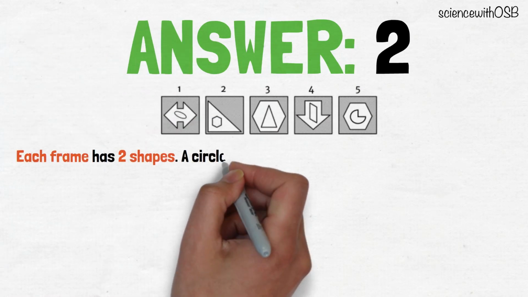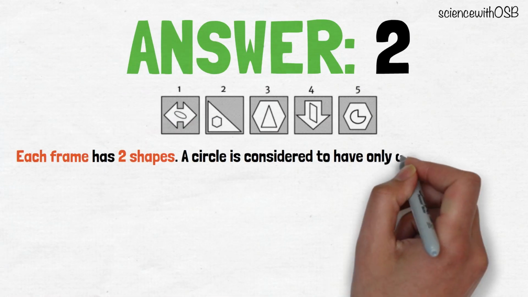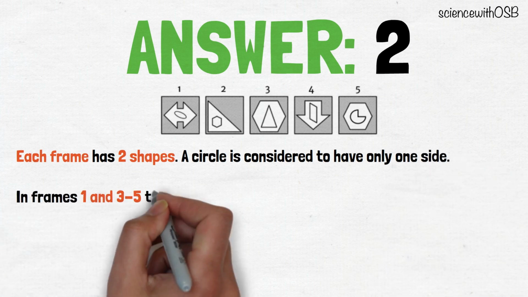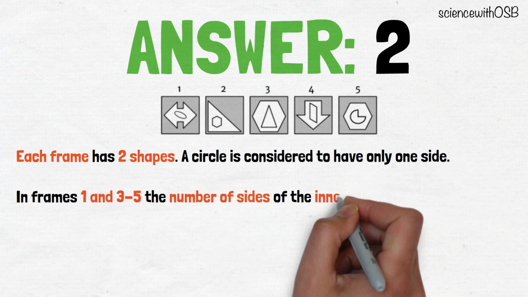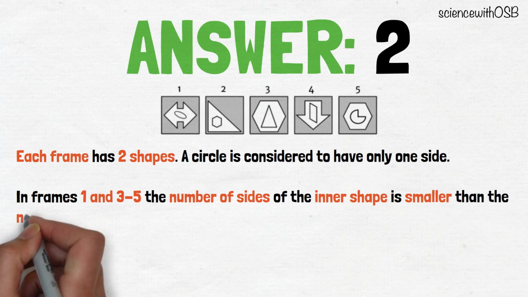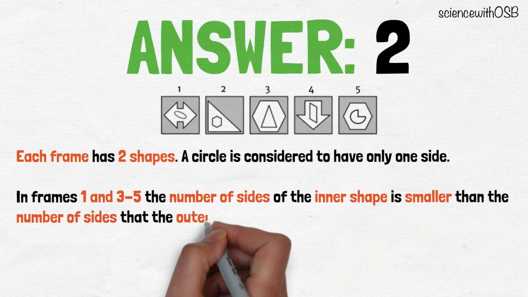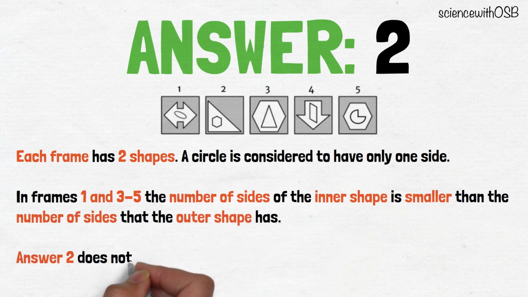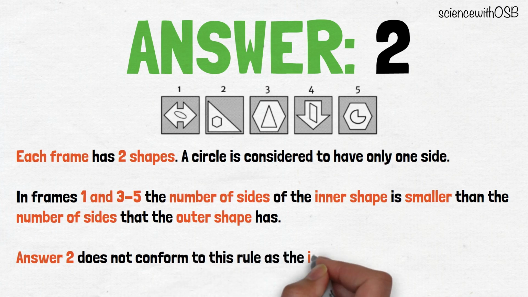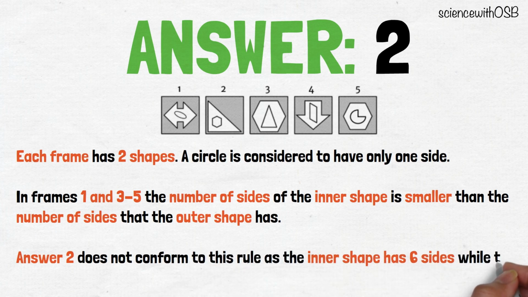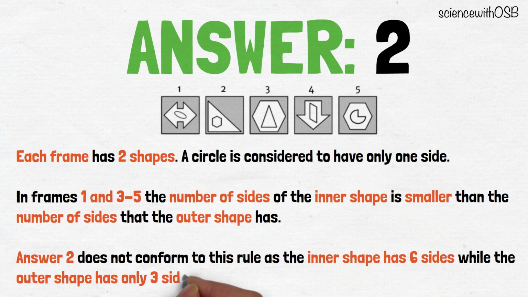A circle is considered to have only one side. In frames 1, 3 and 5, the number of sides of the inner shape is smaller than the number of sides that the outer shape has. Answer 2 does not conform to this rule as the inner shape has 6 sides while the outer shape has only 3 sides. Therefore, the correct answer is 2.